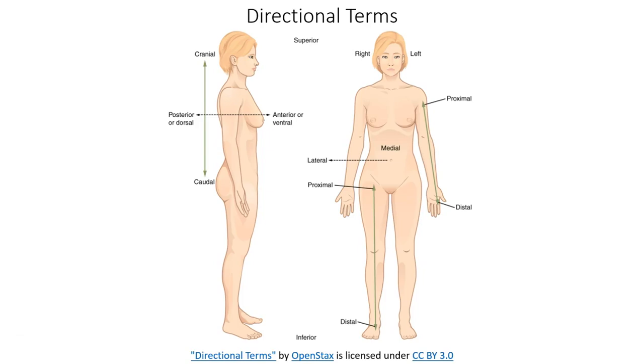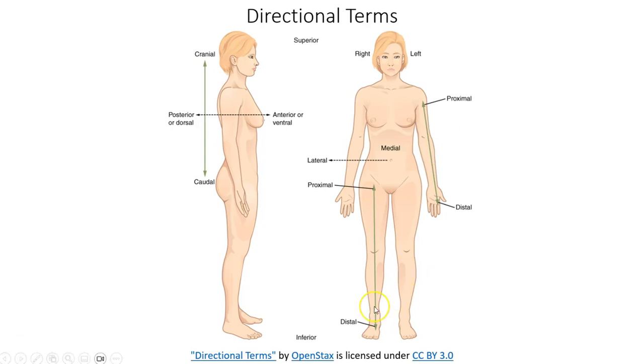For the arms and legs, we have a unique set of terms: proximal and distal. Proximal means that the structure you're talking about is closer to the attachment to the axial body. Distal refers to something further away from that attachment point. If we're talking about the arm, we could say the wrist is distal to the elbow, so it is further away from the attachment point to the rest of the body than the elbow is.